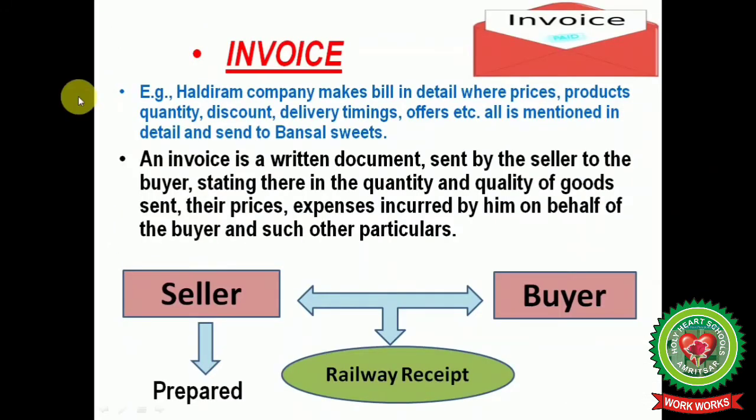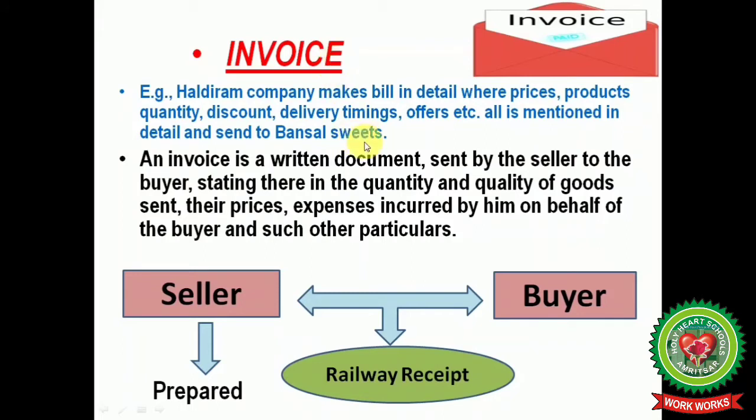So first of all, we will take an example in the invoice that the Haldiram company makes a bill in detail where prices, products, quantity, and if a discount is available, then the discount is written. Then delivery timings, offers, all is mentioned in detail and sent to Bansal Sweets, and that is called an invoice.